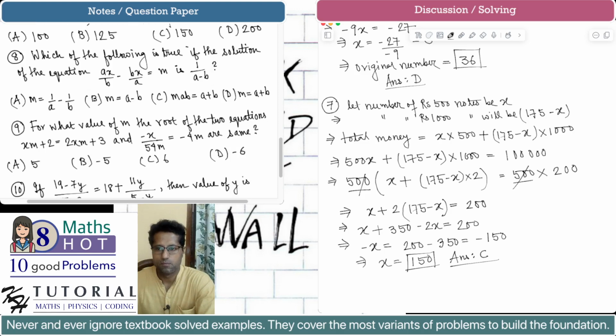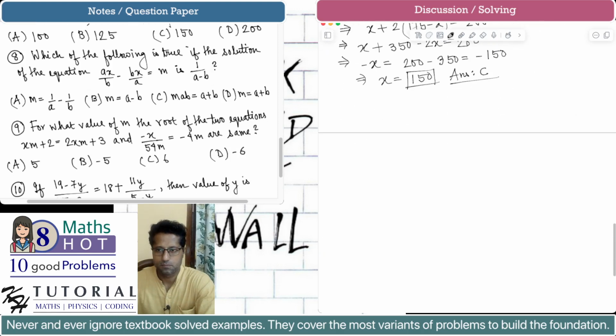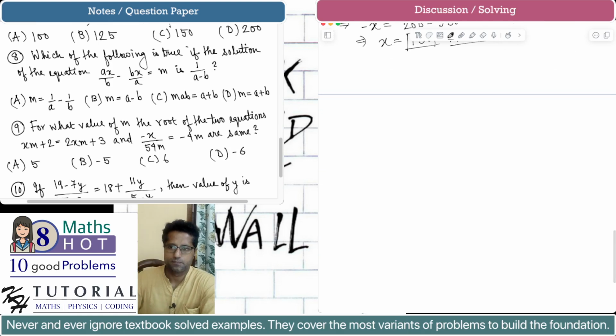Okay, let's do problem number 8. Which of the following is true if the solution of the equation is 1 by a minus b.